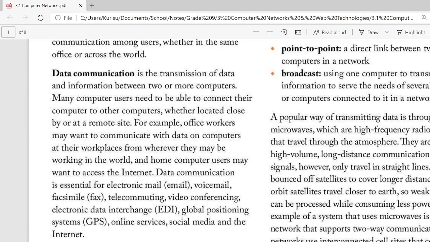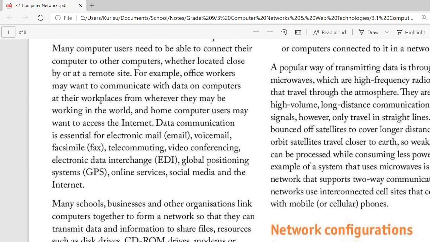Remember, the network is configured to share information and data. So it does not matter how you are connected to the network. You can be connected via cable, you can be connected via some sort of wireless technology. It does not matter. Once you are connected to other devices and you are able to share information, resources, and so on.